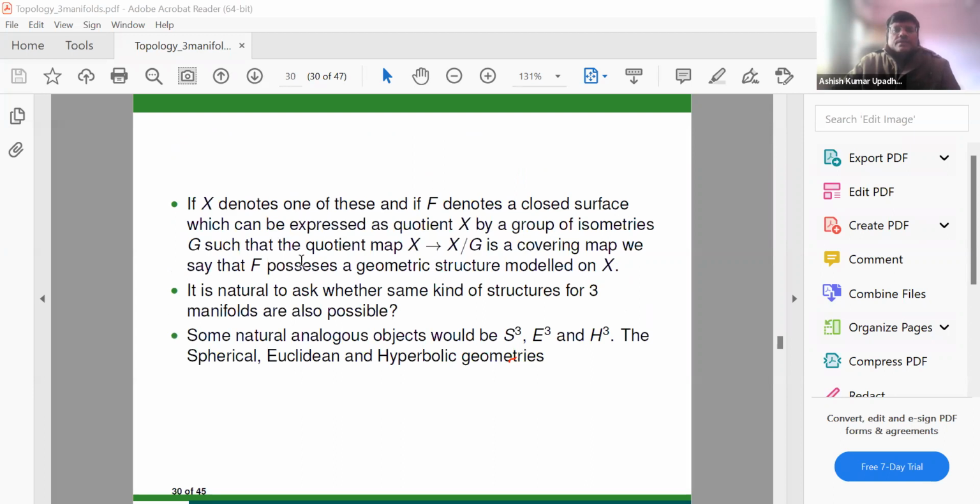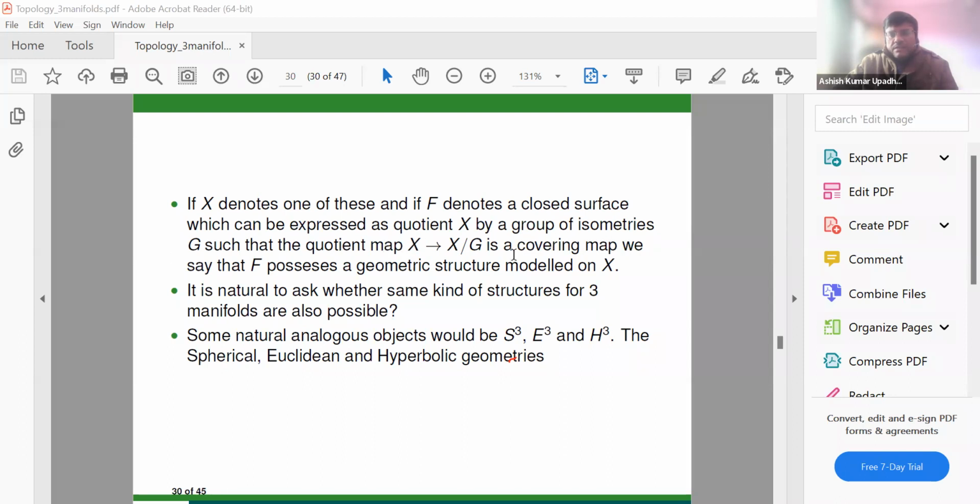Okay, so now in general, if X denotes one of these, meaning either S2 or E2 or H2, and if F denotes a closed surface which can be expressed as a quotient of X by a group of isometries G, such that the quotient map is a covering map.